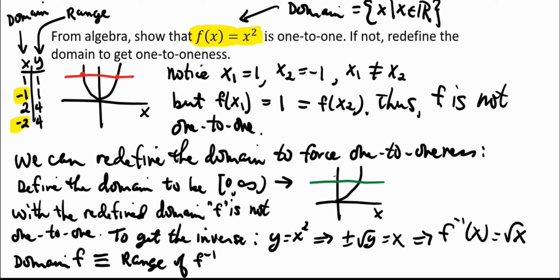So the range values obviously would take up plus and minus, but for the range of f inverse to match the domain of f, it is only taking up positive values because we've restricted that. So thus we exclude the negative values here for the range of f inverse because the domain of f has to match the range of f inverse. So that's why we don't have plus or minus over here, right?